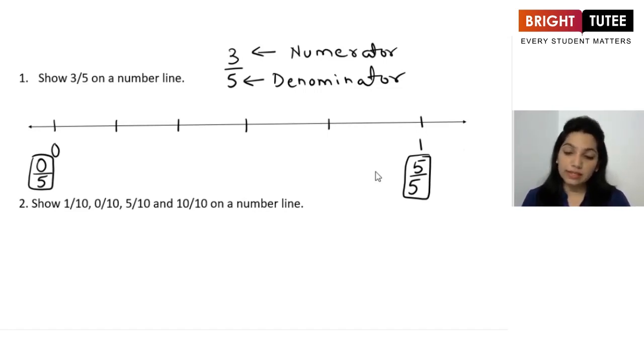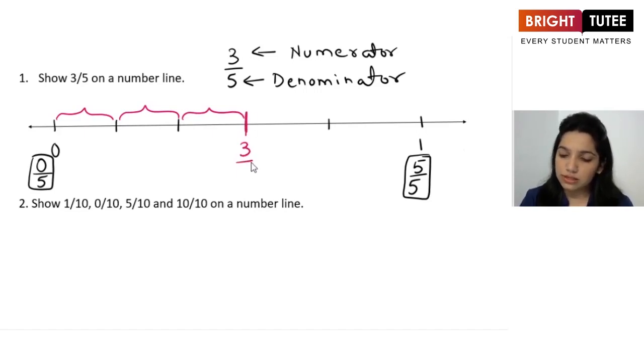Okay, now it says we need to show what is 3/5 on this number line. So how many parts are they asking us to show? 3 parts. So here this is 1, this is 2 and this is 3. So this particular mark here, this represents 3 over 5. I hope this makes sense how we have marked 3/5 on a number line.